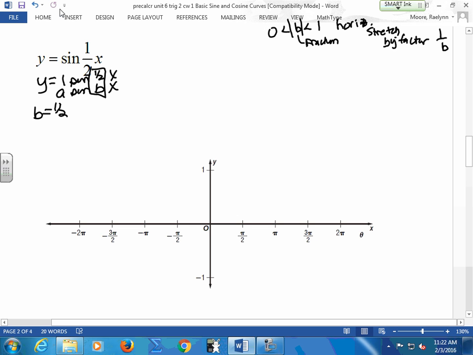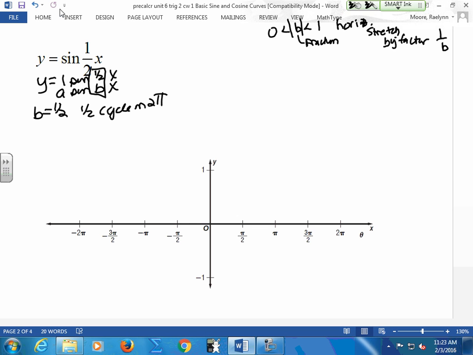Slope. It's still absolute value. I want a half. A half of what? Half of my curve in 2 pi. Very good. I want a half of my cycle in 2 pi. So let me just think about this for a second.